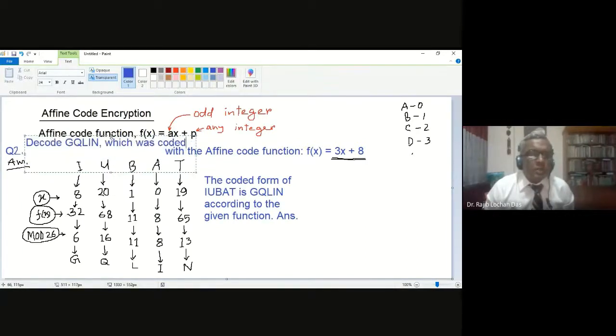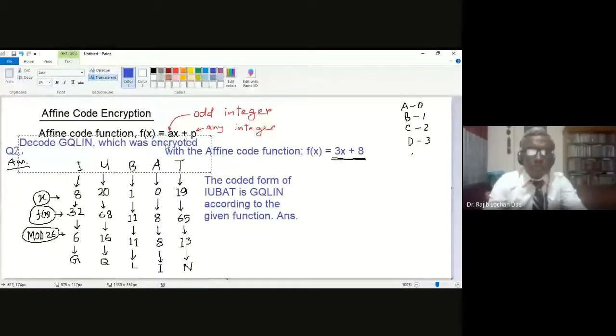So this is my question. Actually, we are finding the original message, and the original message we will find for GQLIN, which was encrypted with the affine code function f(x) equal to 3x plus 8.